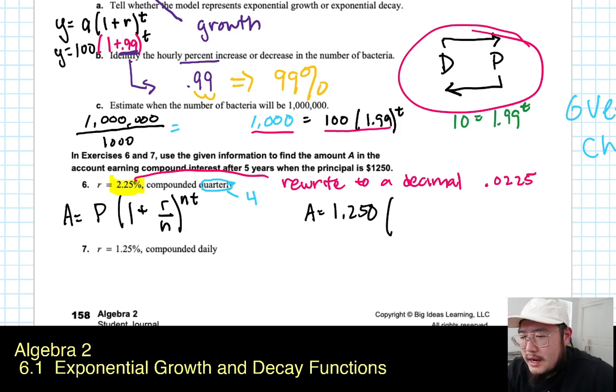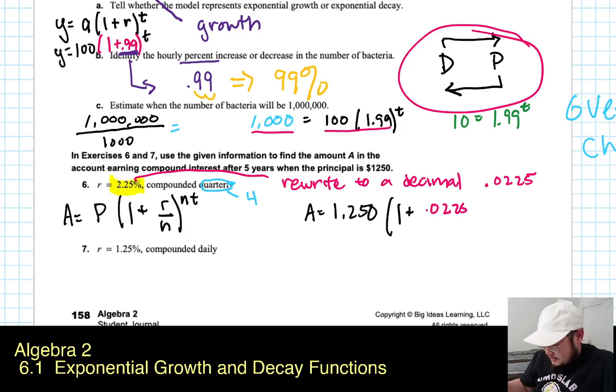I highlighted that. Oh, sorry, time is going to be 5. The number of times we have is our quarterly.